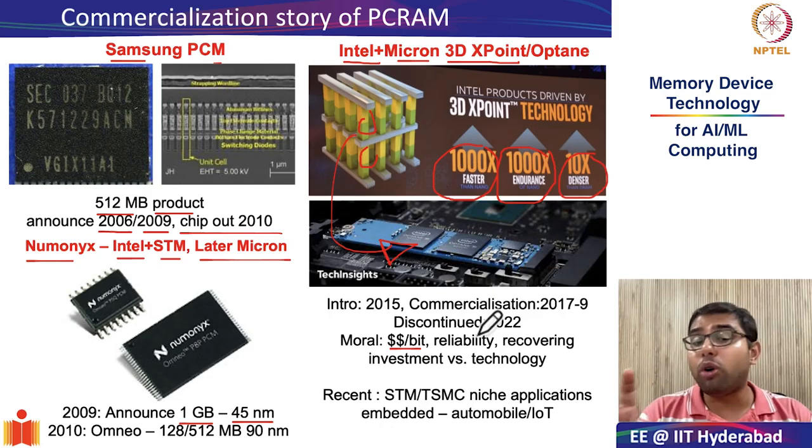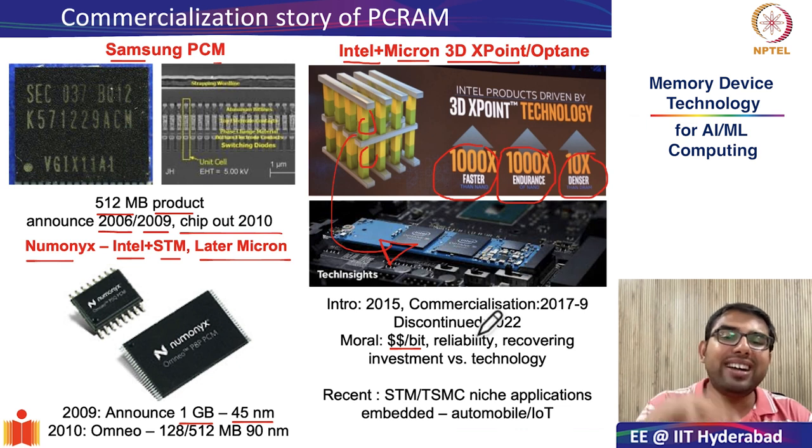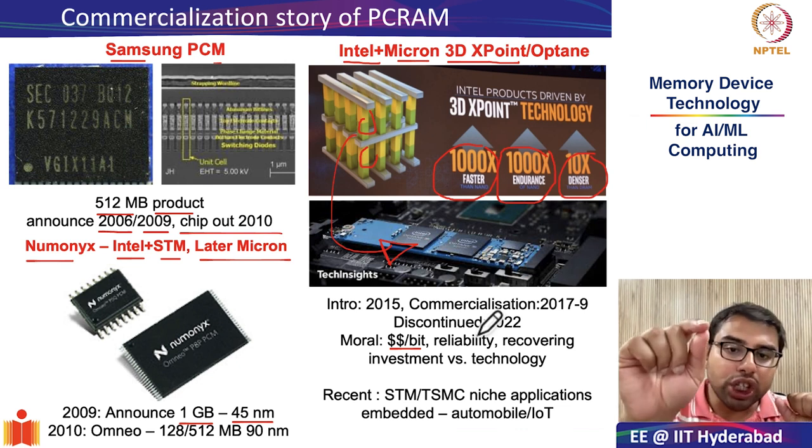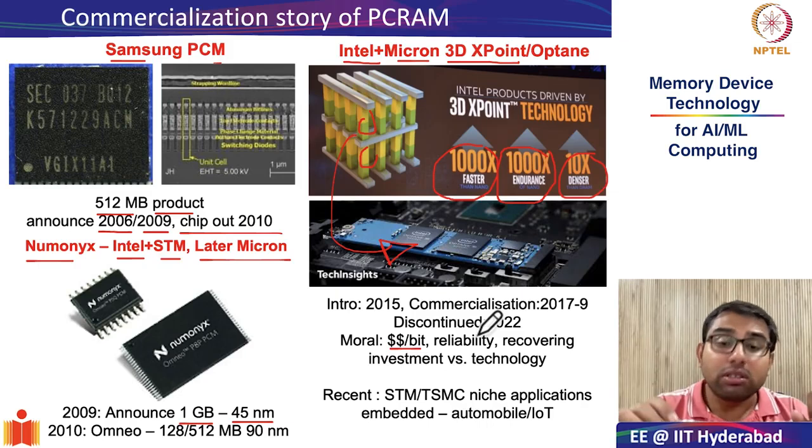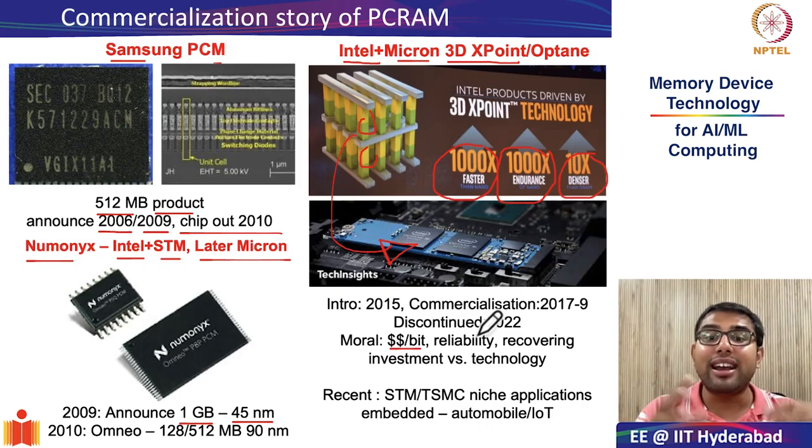So the final thing I want to tell you is, although PC RAMs may not really work out for high bit density to fill the gap between NAND flash and DRAM, that is what it looks like now. But recently, both ST Microelectronics and TSMC are developing chips for niche applications for PC RAM, especially in embedded electronics for automobiles and IoT.